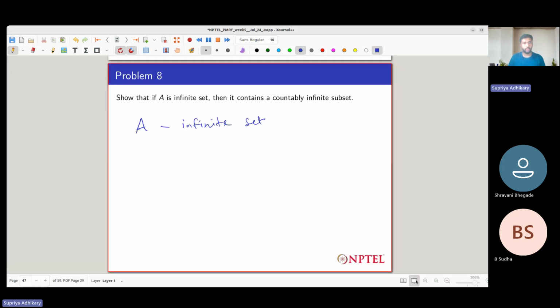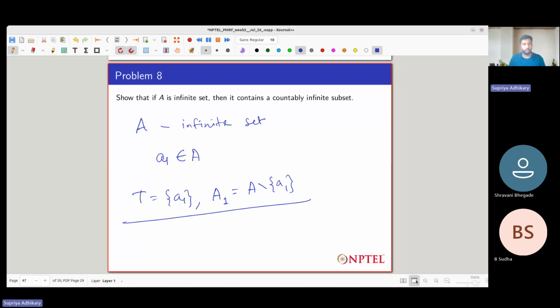Then there exists some A1 that belongs to the set A. Now we take the set T as A1, and take the set A1 as A minus this element.